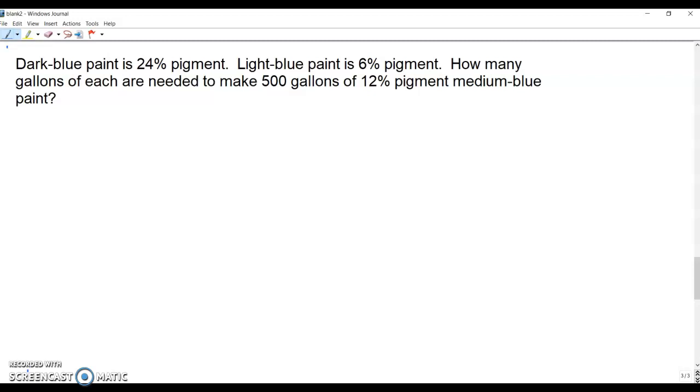And if I put a little bit more dark than light, then my concentration would be a little bit greater than 15%. If I had a little bit more light paint than dark paint, it would be a little bit less than 15%. You can see in this problem that my result is going to be just 12%, and I want 500 gallons altogether.